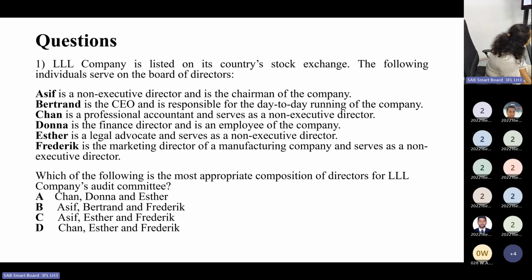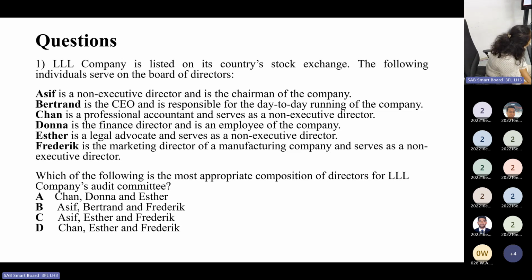Then Bertrand is the CEO, no? The CEO can be an executive director, so you can't take him either. Then you can take Chen because he is a professional accountant and non-executive. Dona you can't take because he is the finance director, executive.